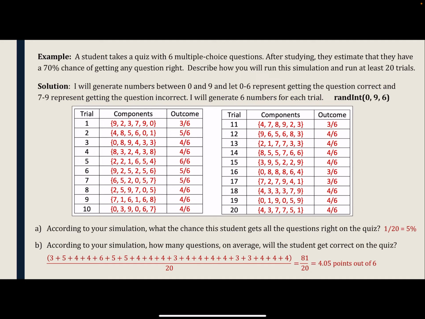In this case, unlike the last one, instead of using 1 through 10, I'm going to use 0 through 9. There's a reason that I'm doing this, and that's because when you're programming a computer, using single versus double digits in the same computer program doesn't work. So if I'm trying to program this simulation, I want to use either all single digits or all double digits.